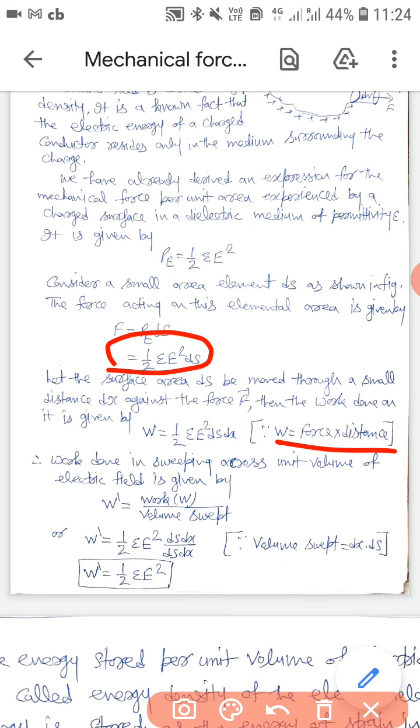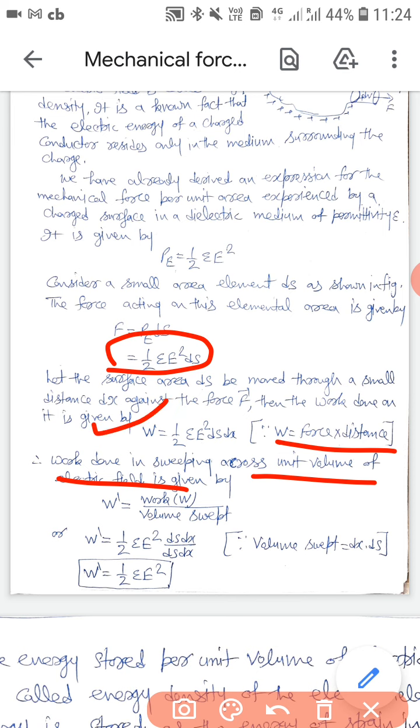Now the work done in sweeping across per unit volume of the electric field will be given by work divided by volume swept. The total work is the value we calculated, divided by the volume swept.